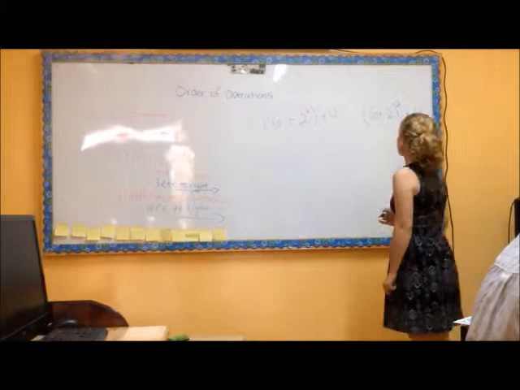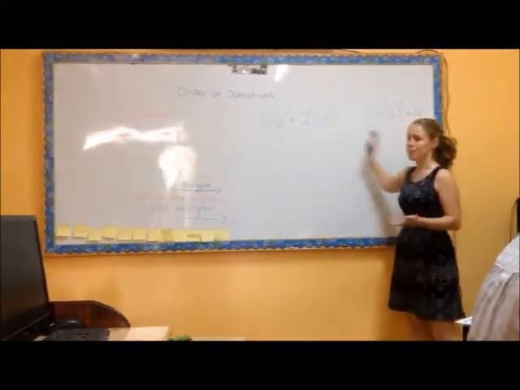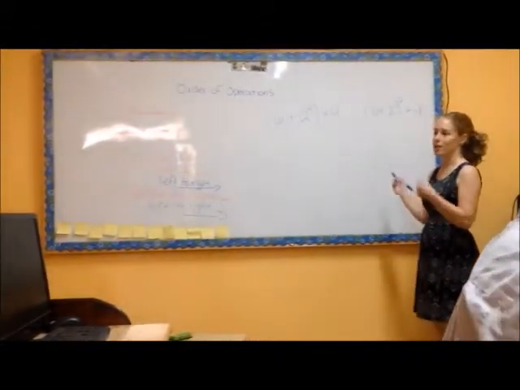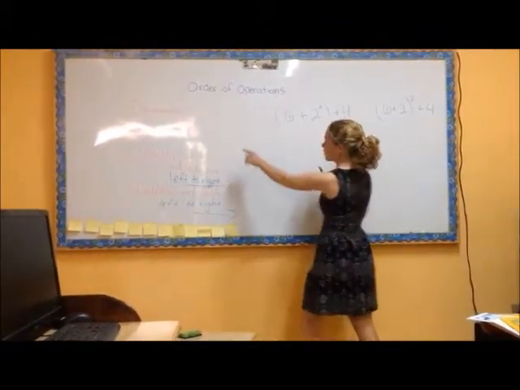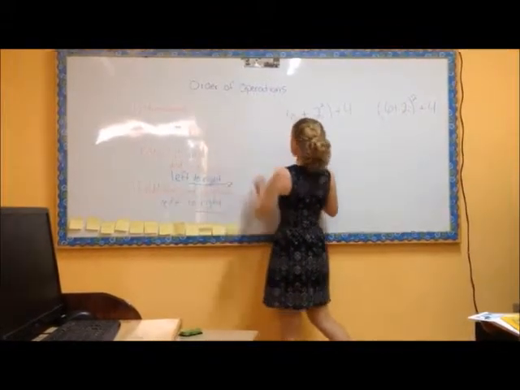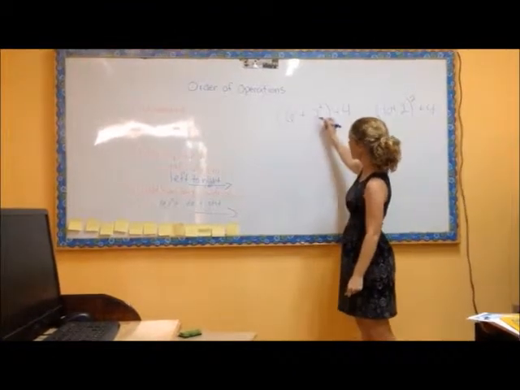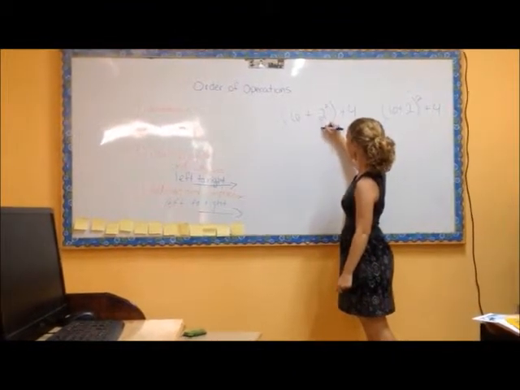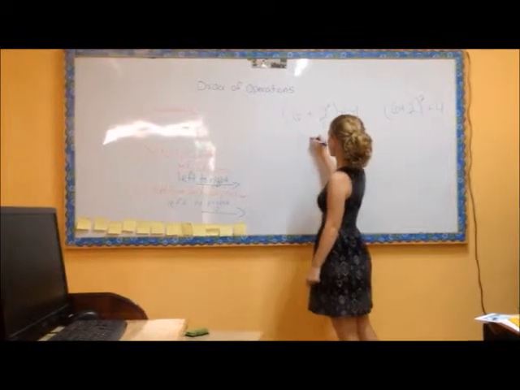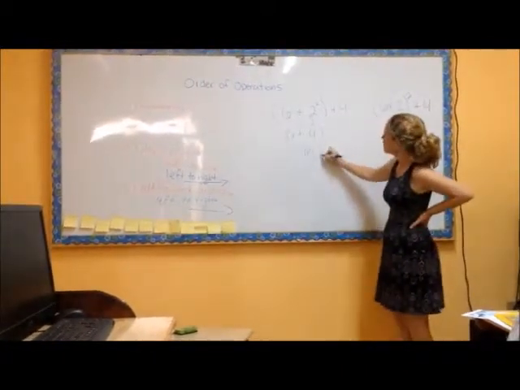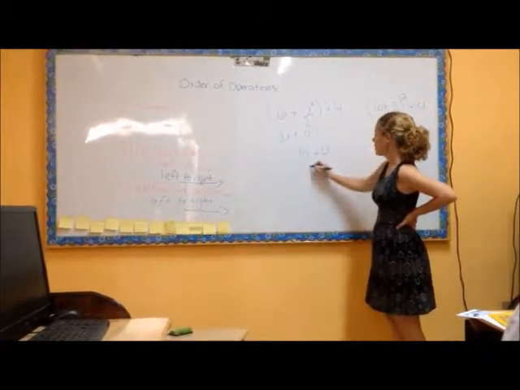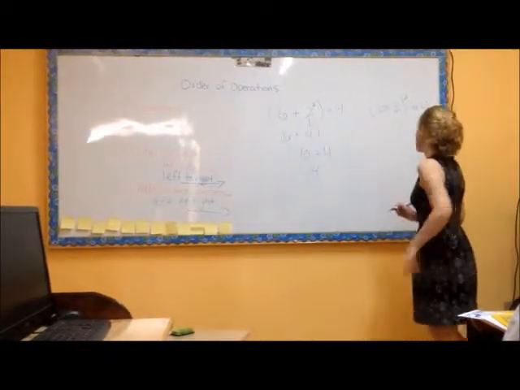So to show you that you're going to get a very different answer depending on where the exponent is. So when the exponent's inside, we have to start doing the stuff inside the parentheses and follow our order of operations. So we do the 2 squared first and get 4. Alright, and then we can add, and then we add the 4 at the end, and we get 14.